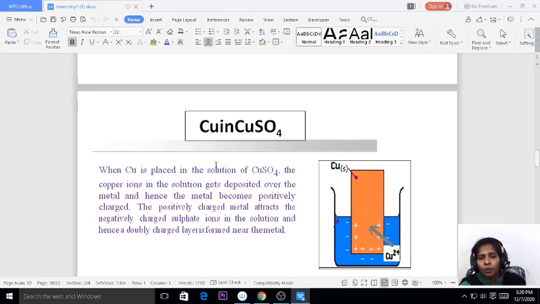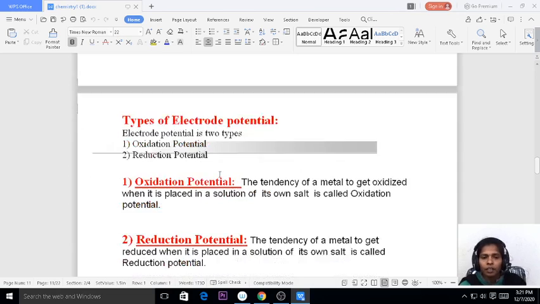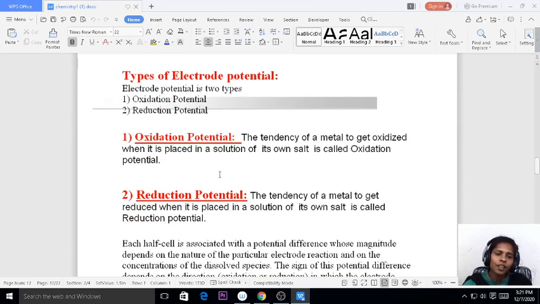I will explain at the end of this section why zinc acts as anode and copper acts as cathode when these two combine. But just remember here, zinc undergoes oxidation, copper undergoes reduction. So zinc has the oxidation potential value and copper has the reduction potential value. That is oxidation potential and reduction potential.